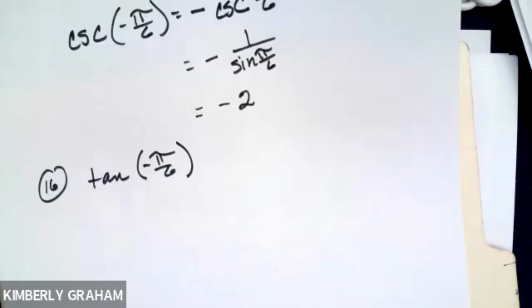Negative square root of 3 over 3. Anybody got that?